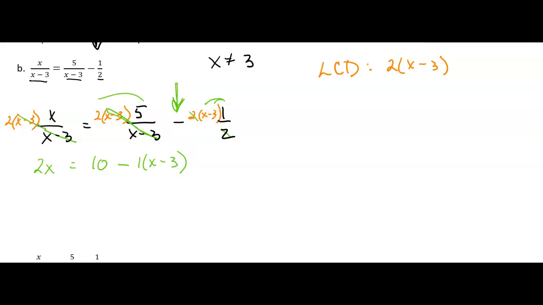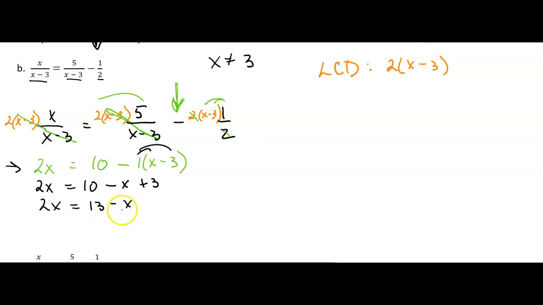All right. The good news is, for this green equation we have here, there are no denominators now. So it's just a linear equation. We can solve it. 2x equals 10 minus x plus 3. So I have to distribute that negative 1. That's what I get. I can simplify because of the 10 and the 3. So 2x equals 13 minus x.